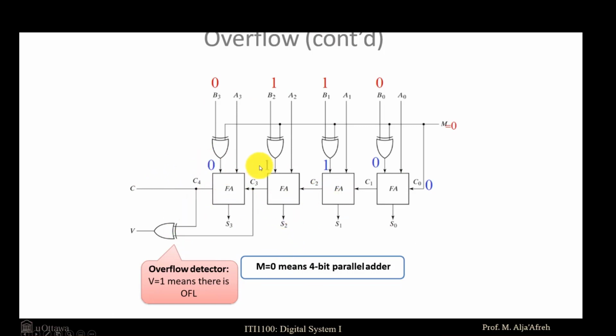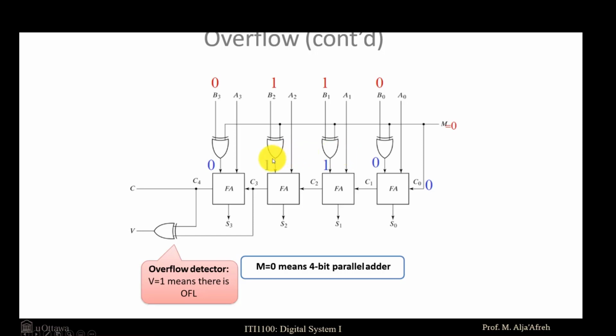If we have the carry out here, if we XOR 0 with, let's take a look here. The operation is addition, that's why M is equal to 0 and the carry in is equal to 0. So we have 6 plus 6. 6 plus 6 will give you 12.